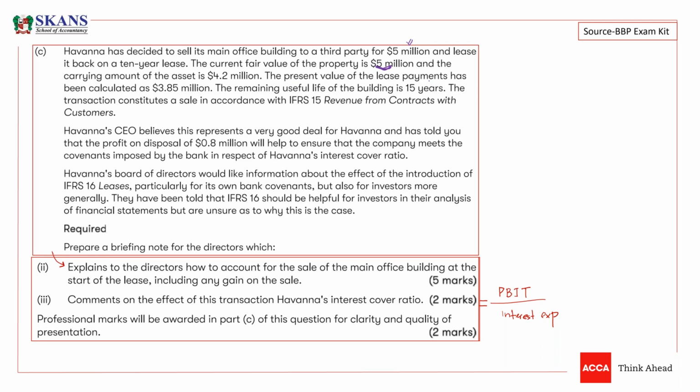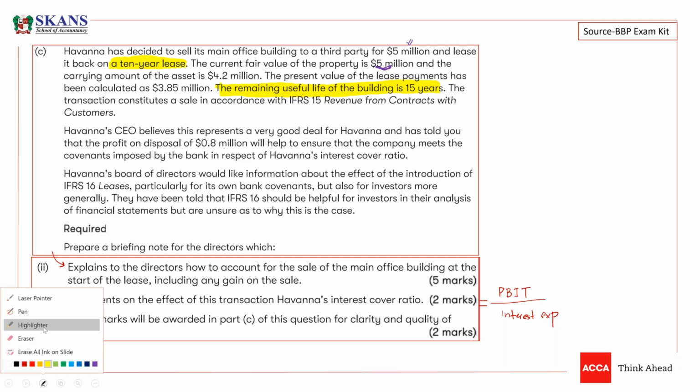Someone asked me that he didn't get the remaining life part. So listen carefully, please. Look, the total benefit of the asset is 15 years. It means the asset can give you a benefit of 15 years. Now, you are taking it back for 10 years.